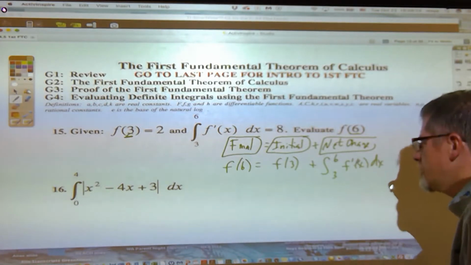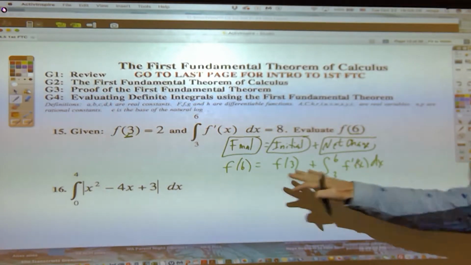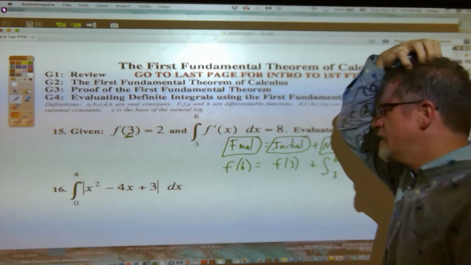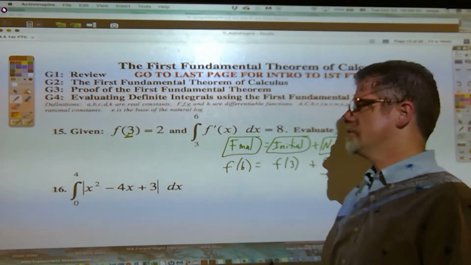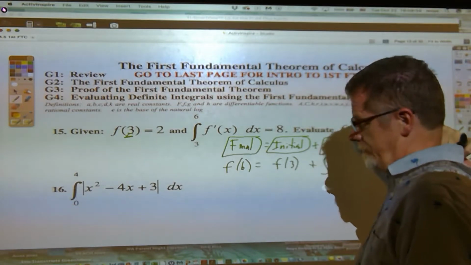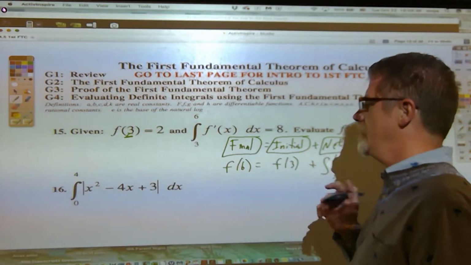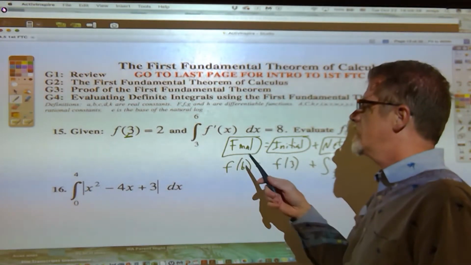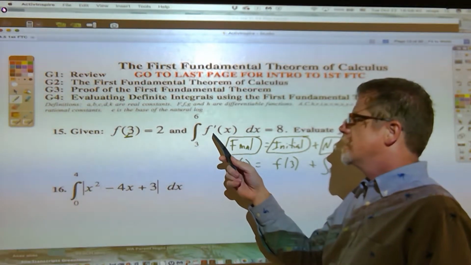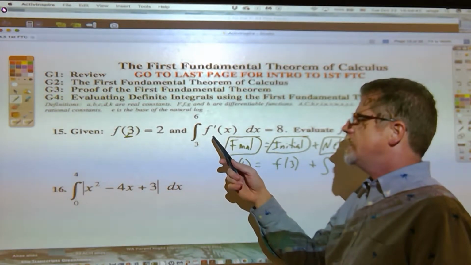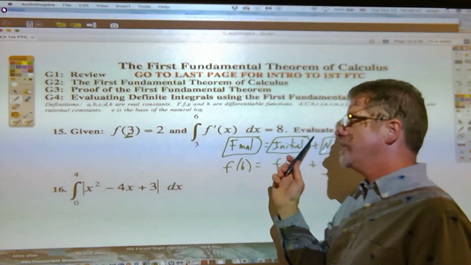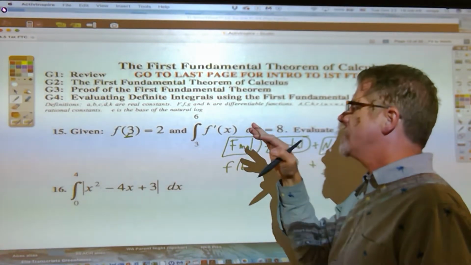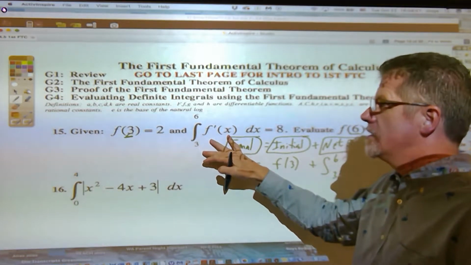This is remarkable because they gave us f of 3. They told us we're starting out at position 2. It's like we're starting out at mile marker 2 on the interstate. And then that was at time 3. And then here we're going to add up all of the, so f prime, that would be velocity. If f is position, f prime would be velocity. So it's like, let's find the net, the displacement.